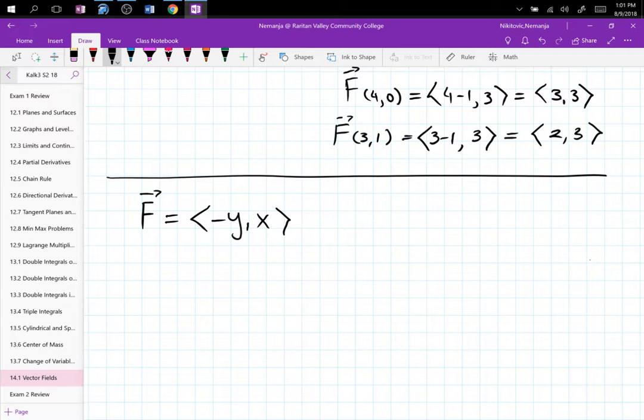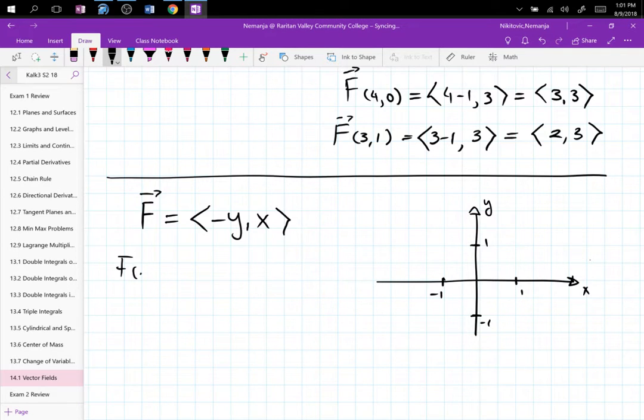We calculate values, and then we are going to draw on our xy plane. This is number 1. So negative 1, 1, 1, negative 1 on x and y. Let's start with f at (0, 0).